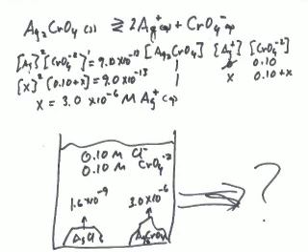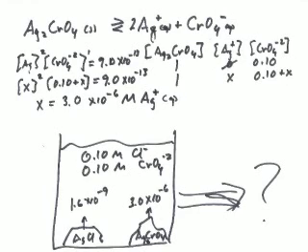And so we have our solution. And sitting on the bottom, we have silver chloride and silver chromate. The silver chloride is sitting there dissolving, 1.6 times 10 to the minus 9 molar silver ions and chloride ions in solution. The chromate's dissolving, 3.0 times 10 to the minus 6 silver ions in solution. And so what do we got?